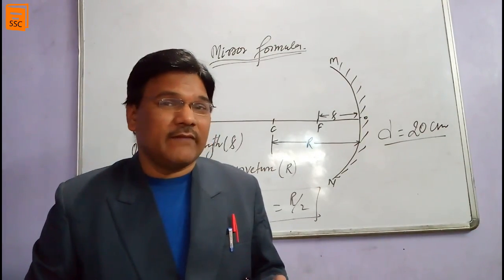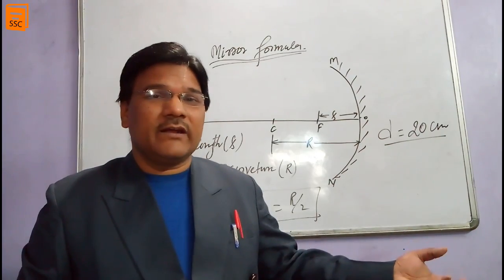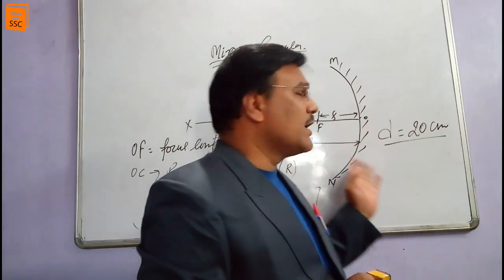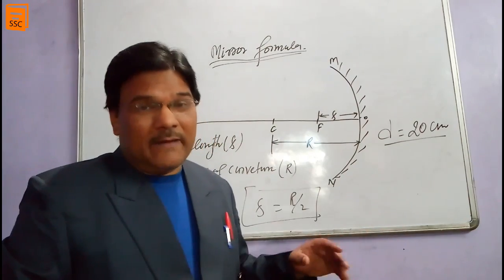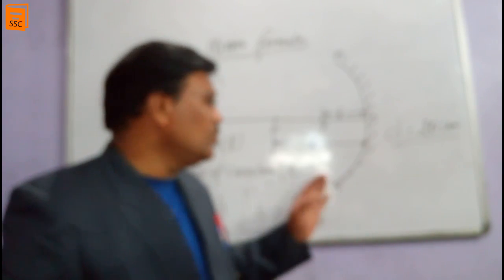Very critical question here. The diameter of the sphere is given and you have to find the focal length. No, it's not a question of mathematics. You know what the radius of curvature is?